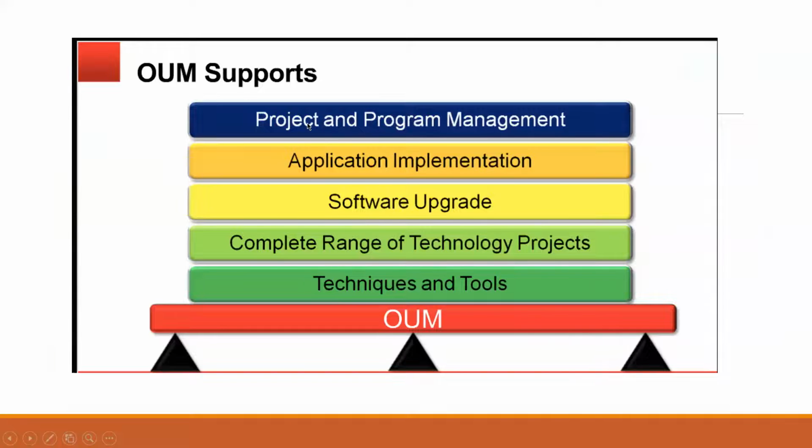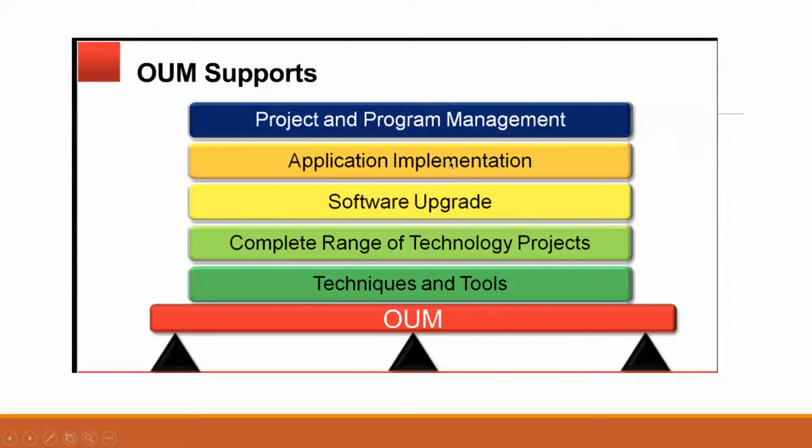Then, what OUM supports: it supports project and program management. Project means if you are doing a single project. Program means, let's say, we are handling ABC customer, XYZ customer, and 3 or 4 other customers together. So that is program management. So it supports both a project and multiple projects.